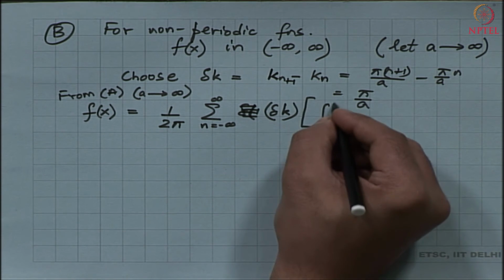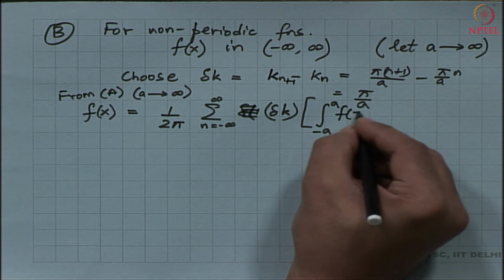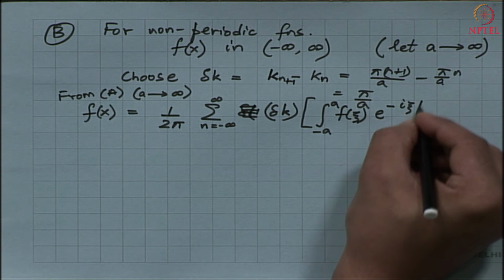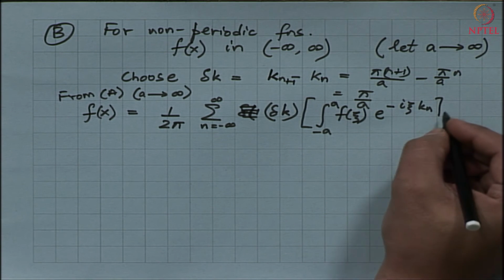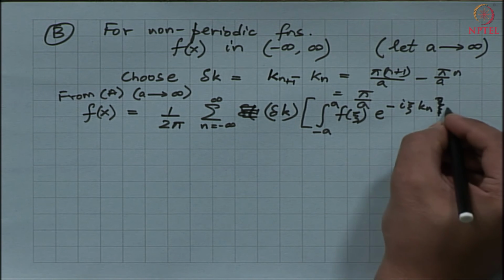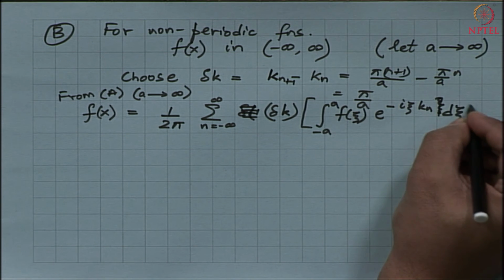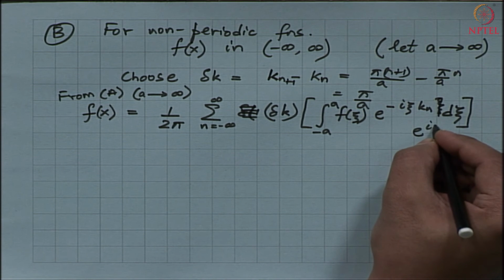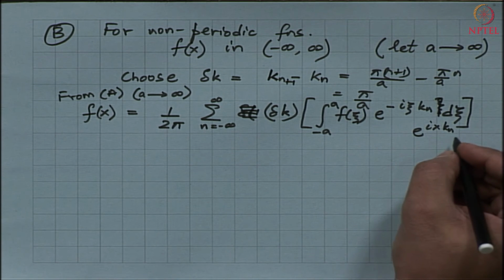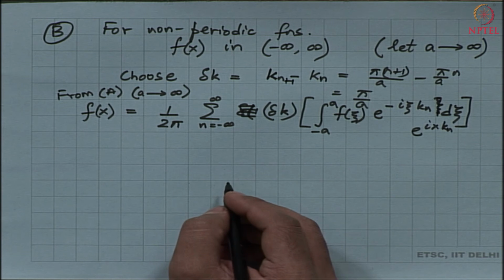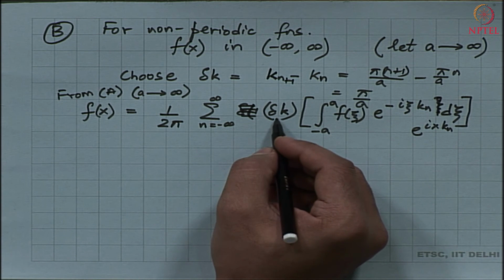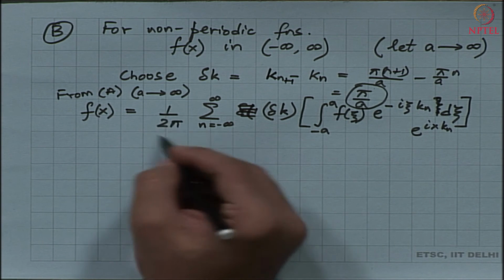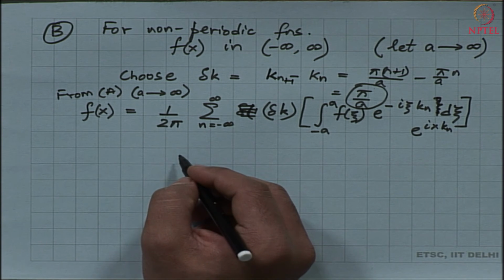This is from negative a to a f of zeta e to the power negative i zeta k_n, with d zeta the integration variable, then of course e to the power i x k_n, and that is the summation we have. Notice that if I substitute the value of delta k equal to pi by a, I get the ratio 1 over 2a as in the previous case.